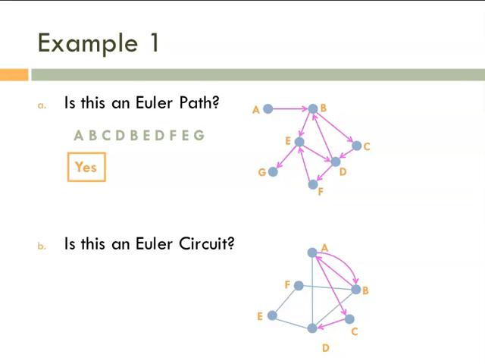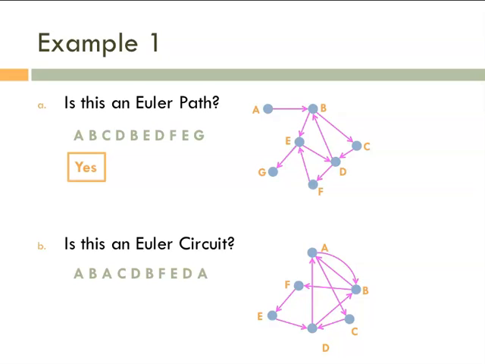So here, we definitely don't want to go back to A just yet because we haven't gone through every edge. So from here, we can go from D to B, to F, to E, back to D, and then back up to A. Okay, so there's one example of an Euler circuit.